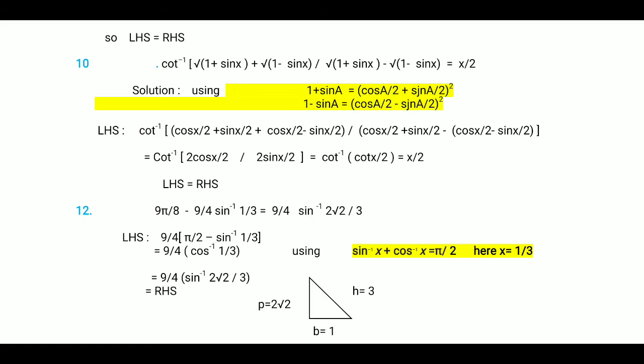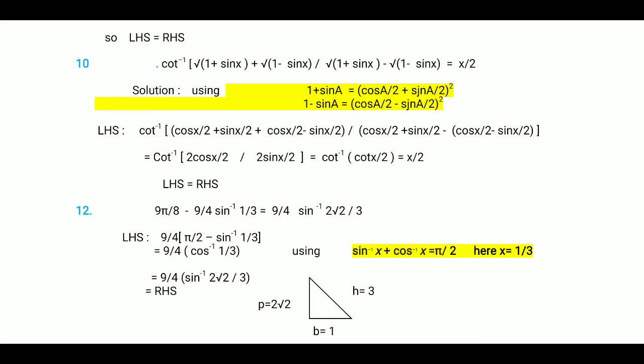Now left hand side: you take common 9 by 4 from the left hand side, 9 by 4 bracket, this becomes pi by 2 minus sin inverse 1 by 3.